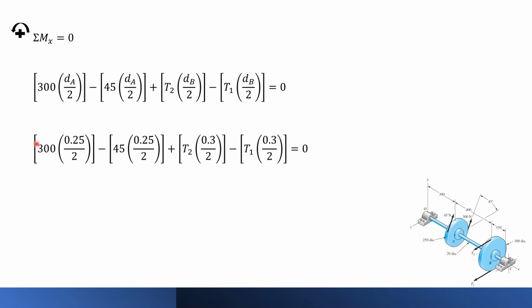Here we have 300 Newton as positive because this 300 Newton force results in a counterclockwise moment, so the sign is plus. Also the 45 Newton force results in a clockwise moment, so the sign is minus. The same goes for T2 and also T1.